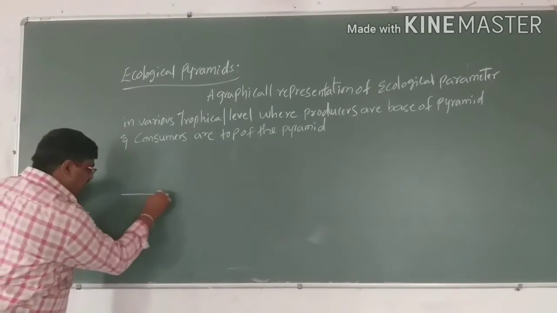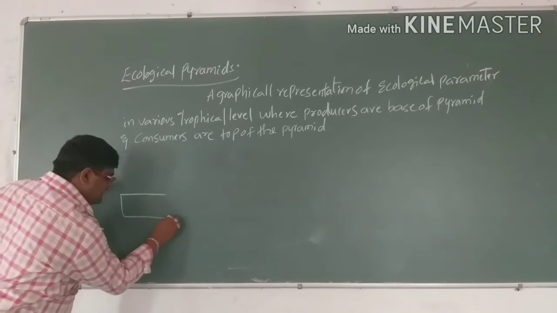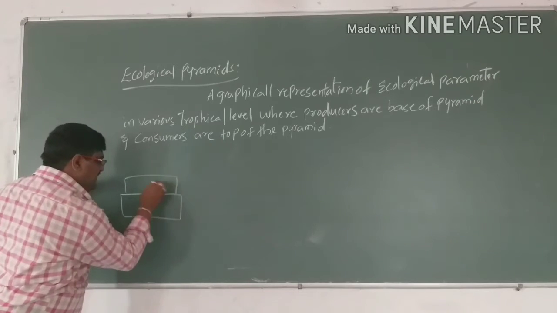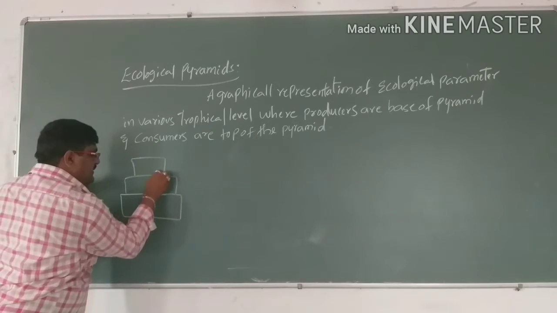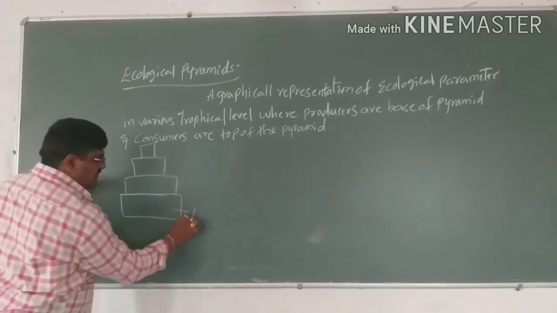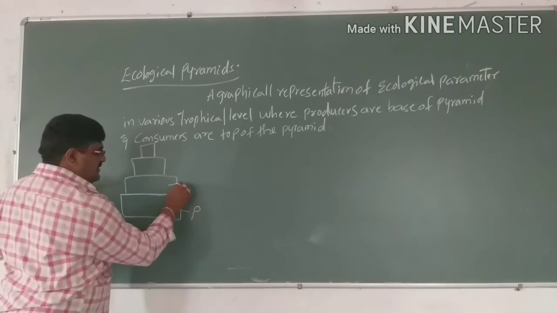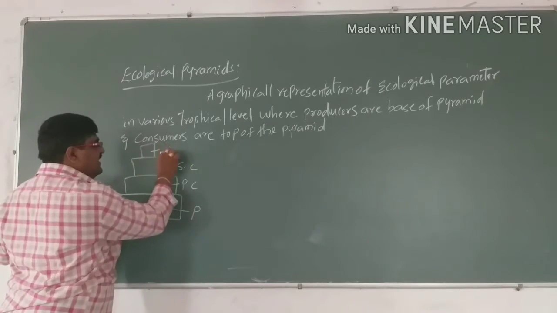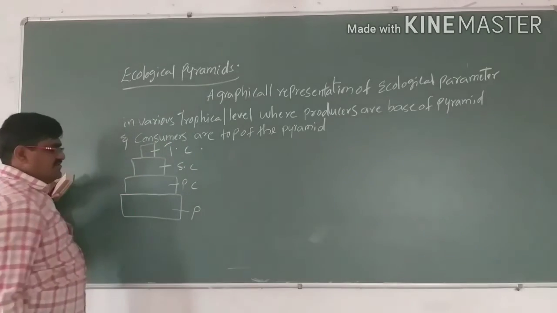For example, this is a graphical representation. Here these are producers, these are primary consumers, these are secondary consumers, and tertiary consumers.